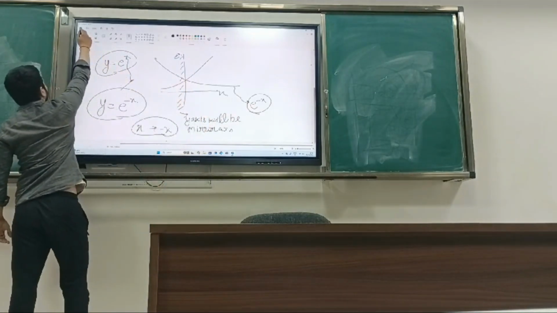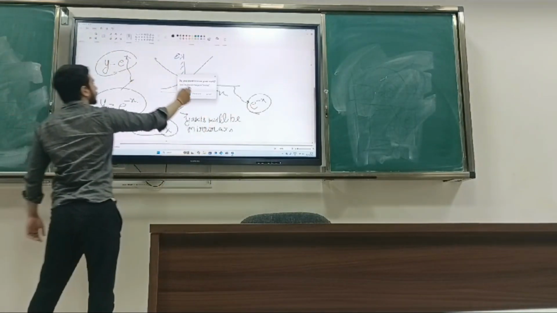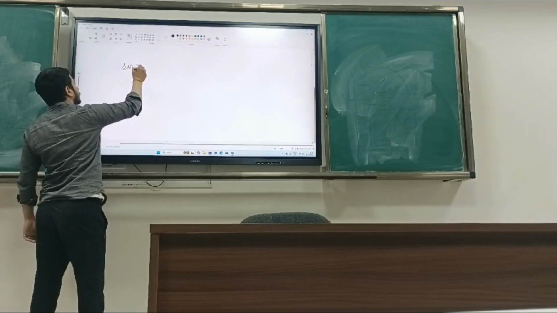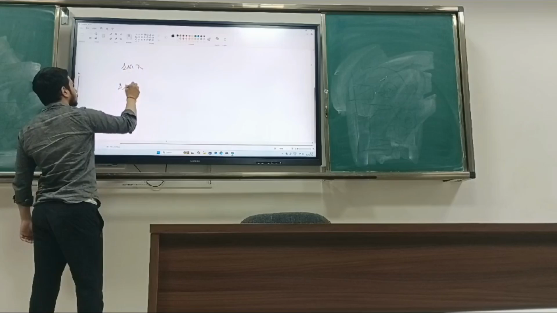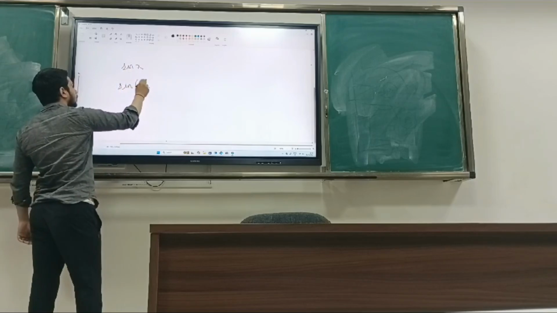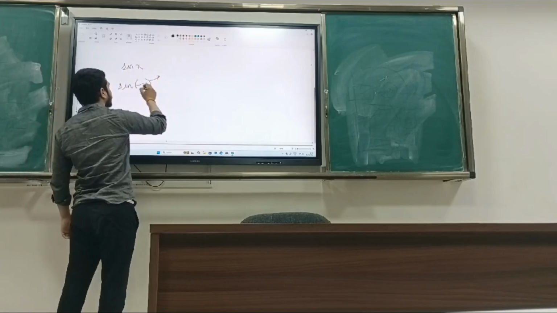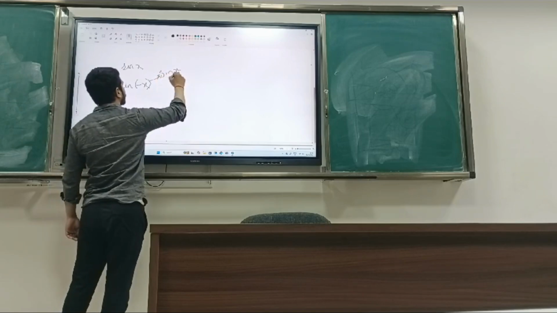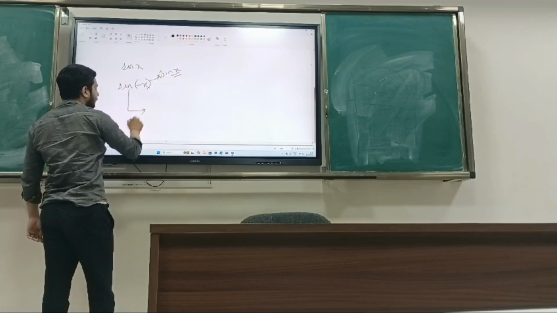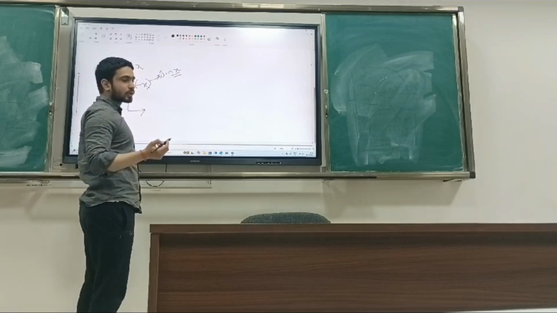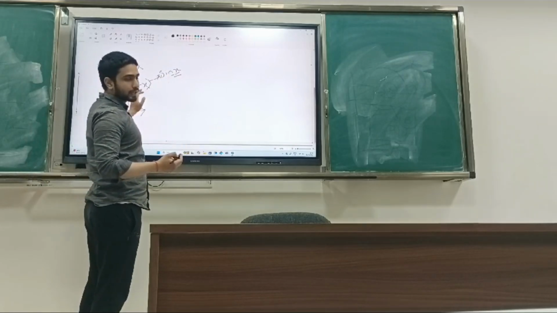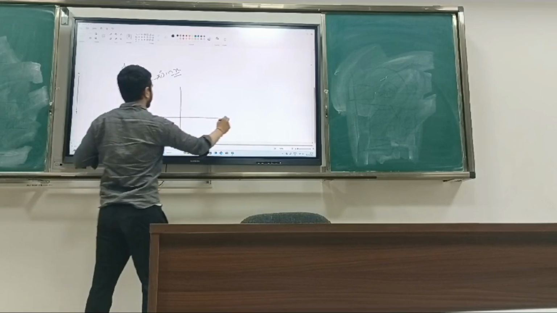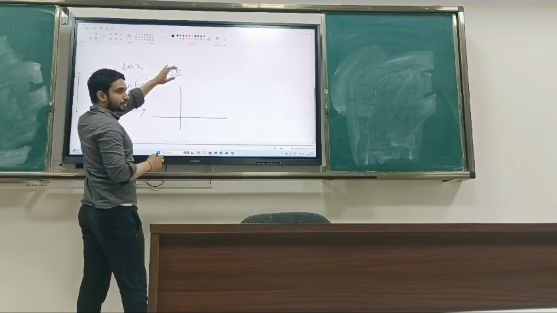Okay, so now we will see the graph of some other functions. Suppose that in the place of x in sin x we have put minus x. Okay, we know that sin of minus x is minus sin x. So this we know, but from the concept that the reflection is about the y-axis, we draw this graph and we will confirm that the graph is minus sin x.